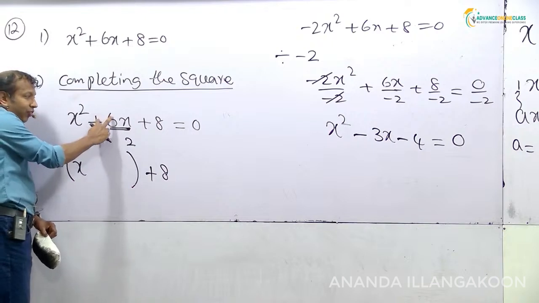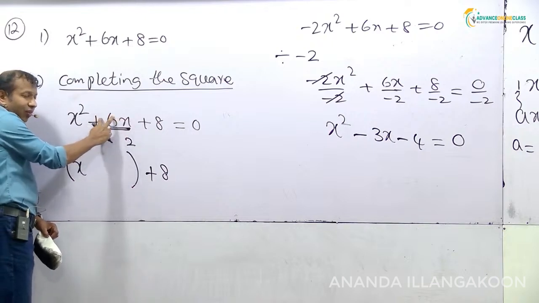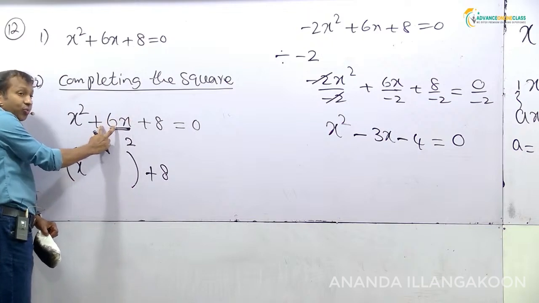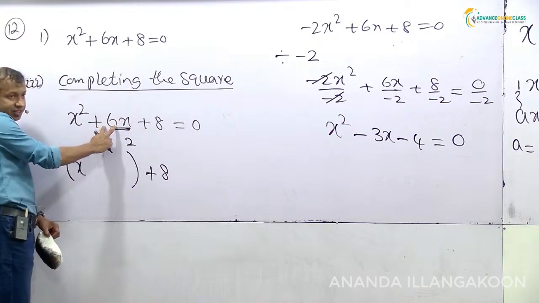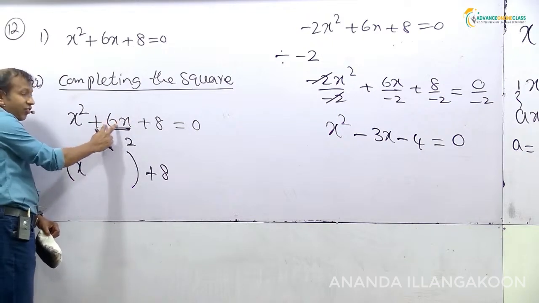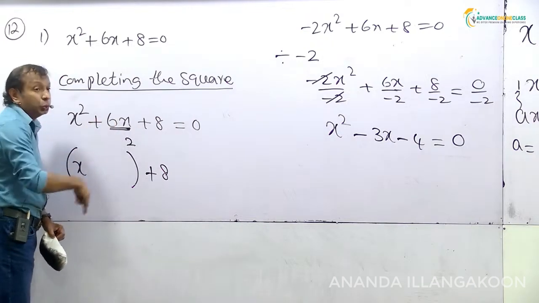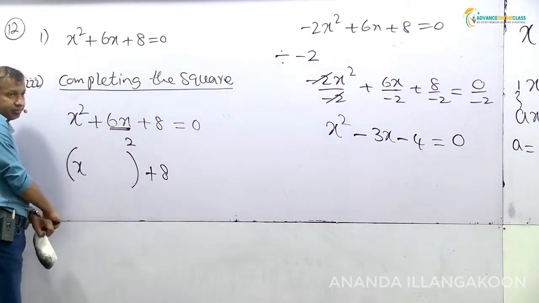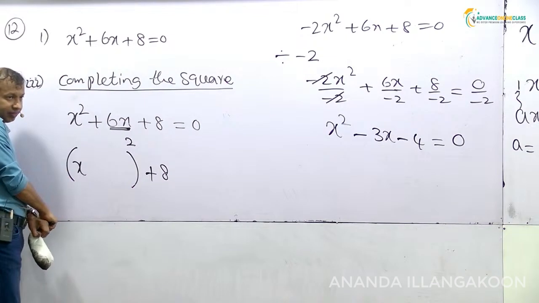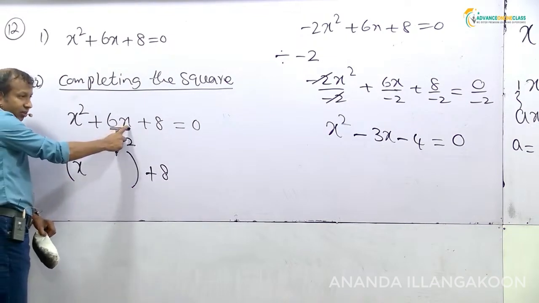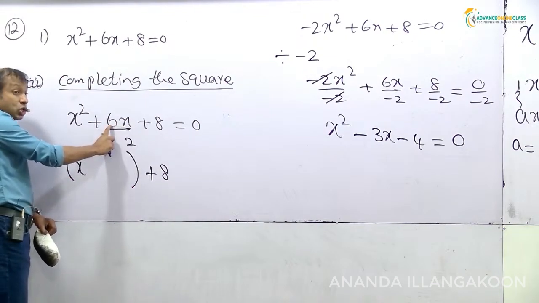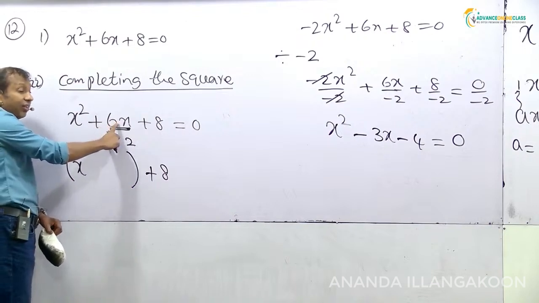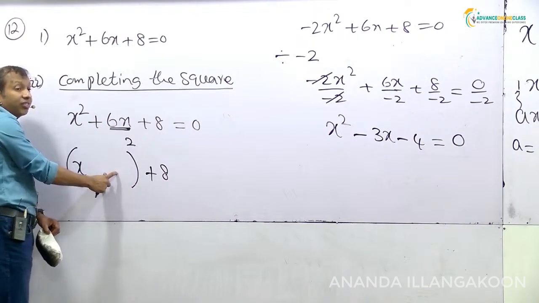Always, people, whatever the x coefficient is, divide it by 2 and take the answer. That answer we write here. Understand? Identify the x coefficient, divide it by 2. Now with its sign, the new number we must write within the bracket as a second number.